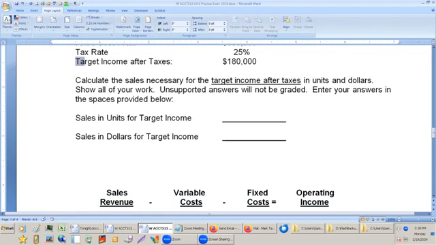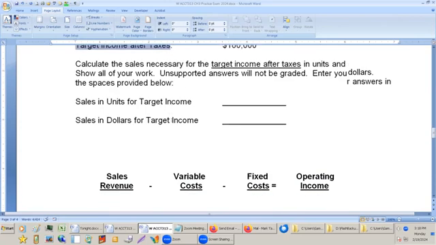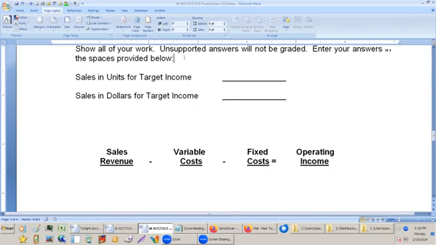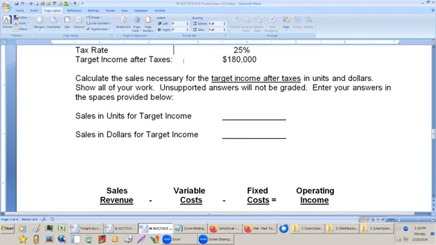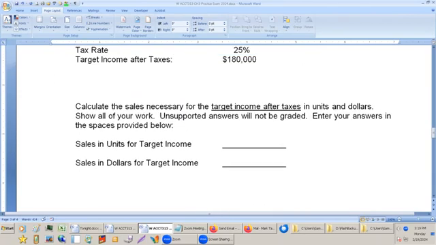So this is our income after taxes that we want, and we've got to get the income before taxes to fit into our equation. I'm going to do it up here. Okay, so let's put the formula up here.